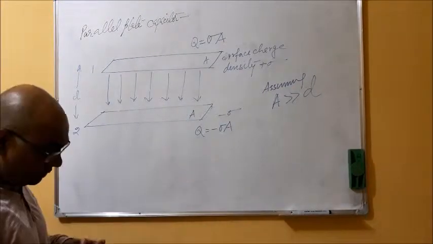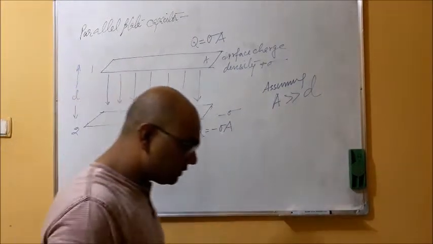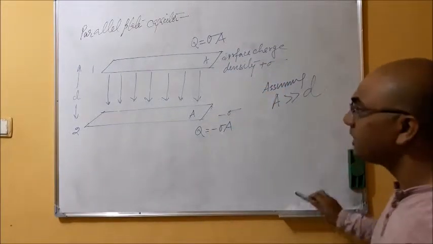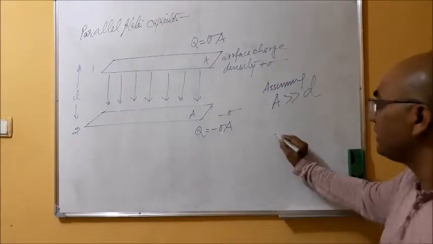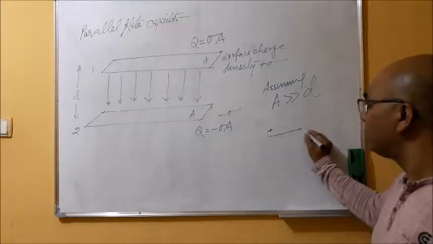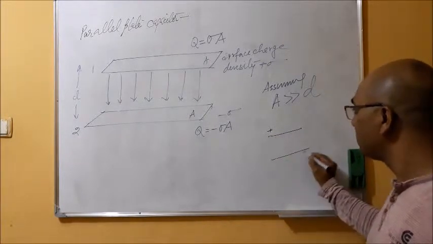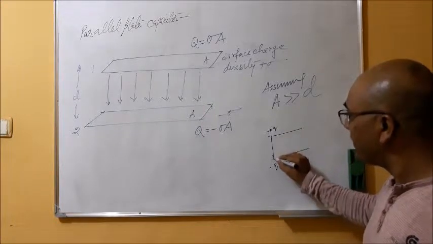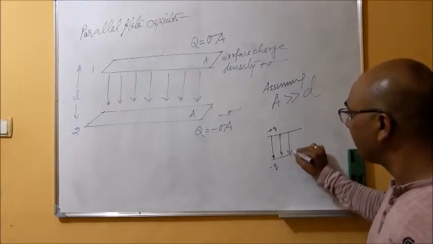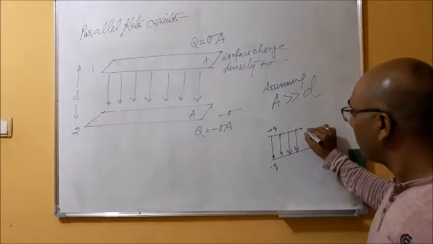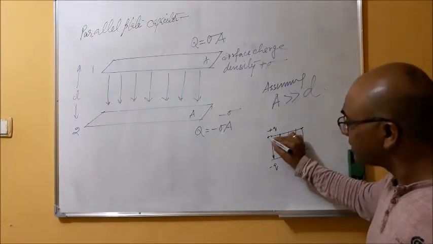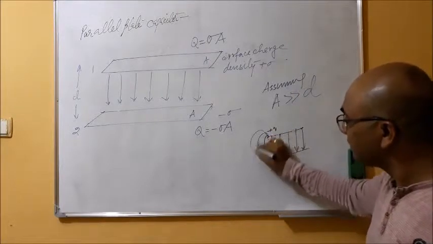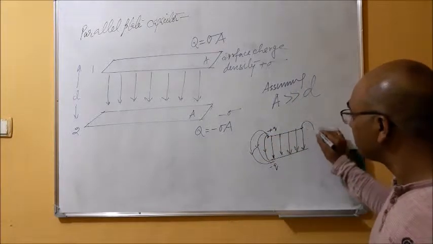Now, another concept comes before discussing the whole concept: the concept of fringing. What is fringing? If this plate has plus Q charge and this has minus Q charge, the electric field lines will move like this. But at the corners, the electric field lines will go like this.